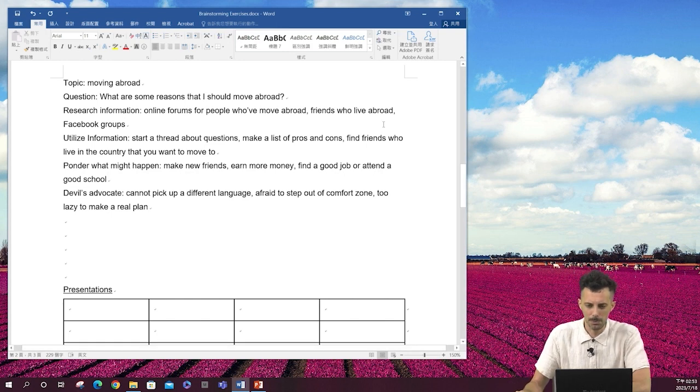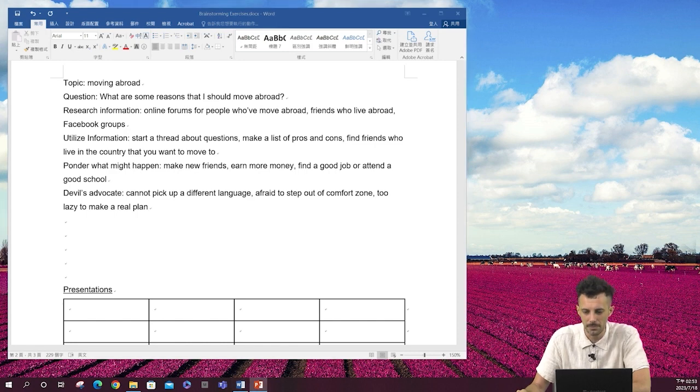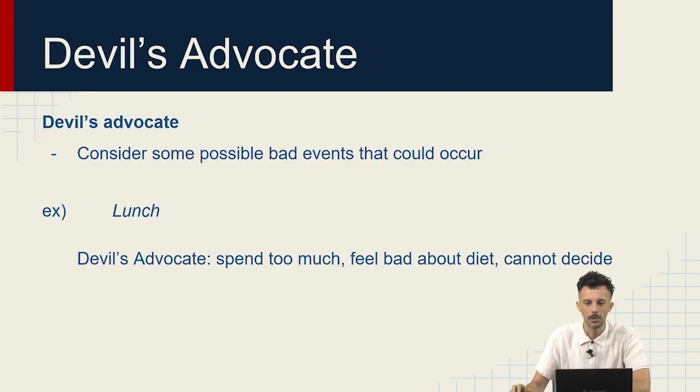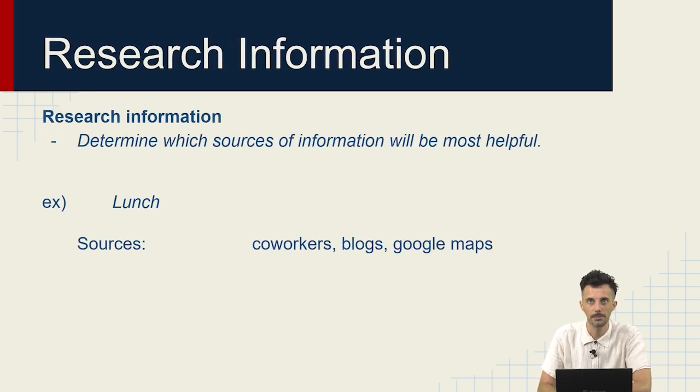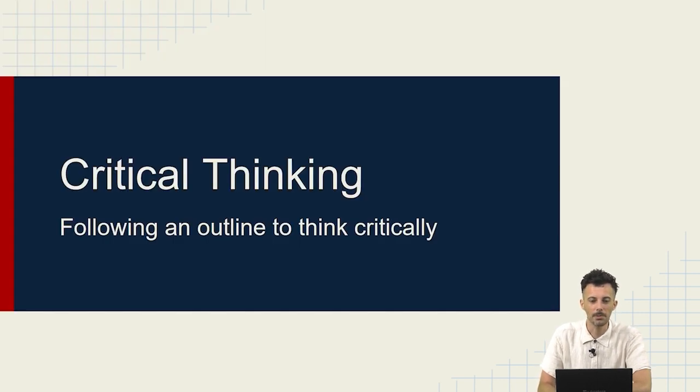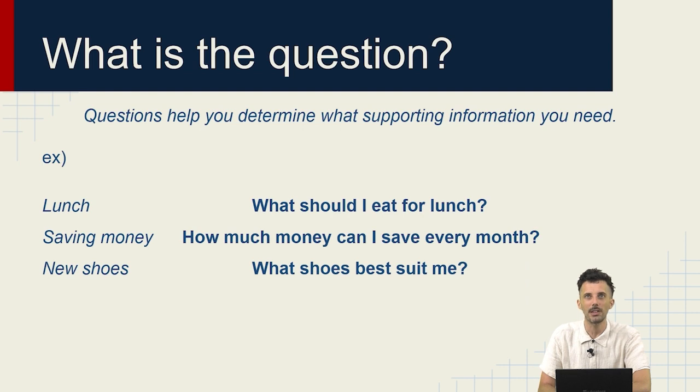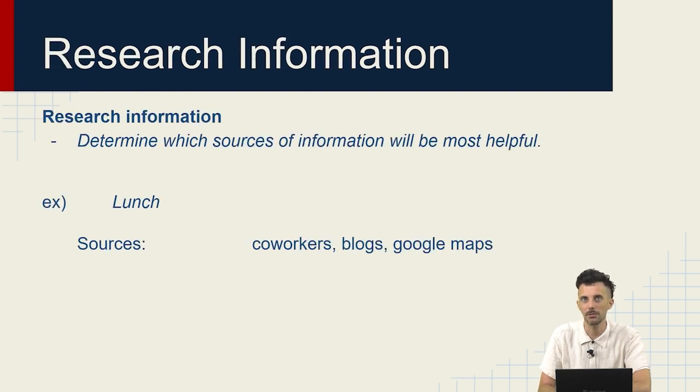All right, so this is basically how you think critically. I'll go over the steps one more time. Anytime you think critically, you can practice this with pretty much anything. Always think of the question first, then research information.